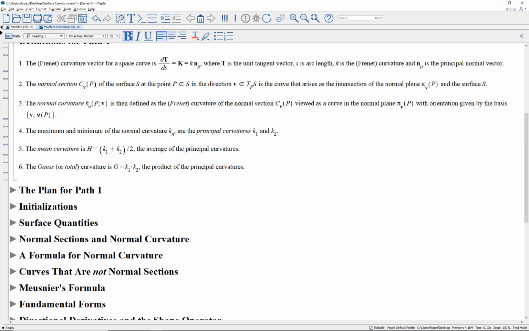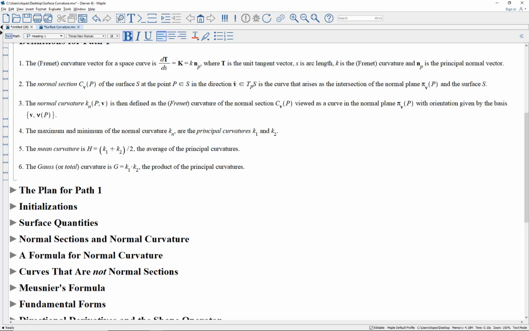Now we get into this notion of surface curvature. Normal section at a point P in the direction of some tangent vector: it's the curve that you get when you intersect a normal plane with the surface. So a normal plane contains the normal.